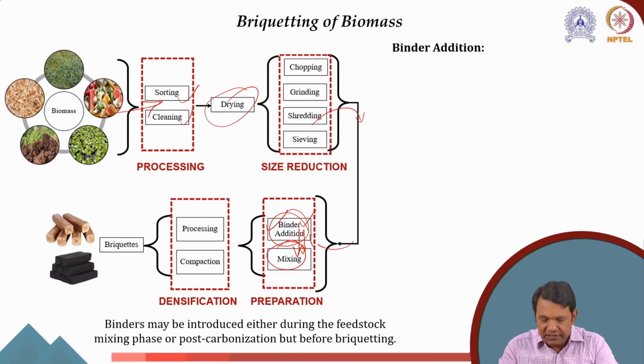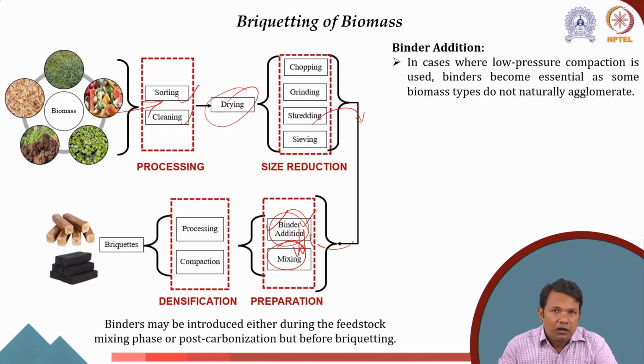So these two steps are very important, particularly where the low pressure compaction is used. Binders are very essential. So we'll discuss also about the effect of pressure. You can say there are high pressure compaction and there are low pressure compaction.